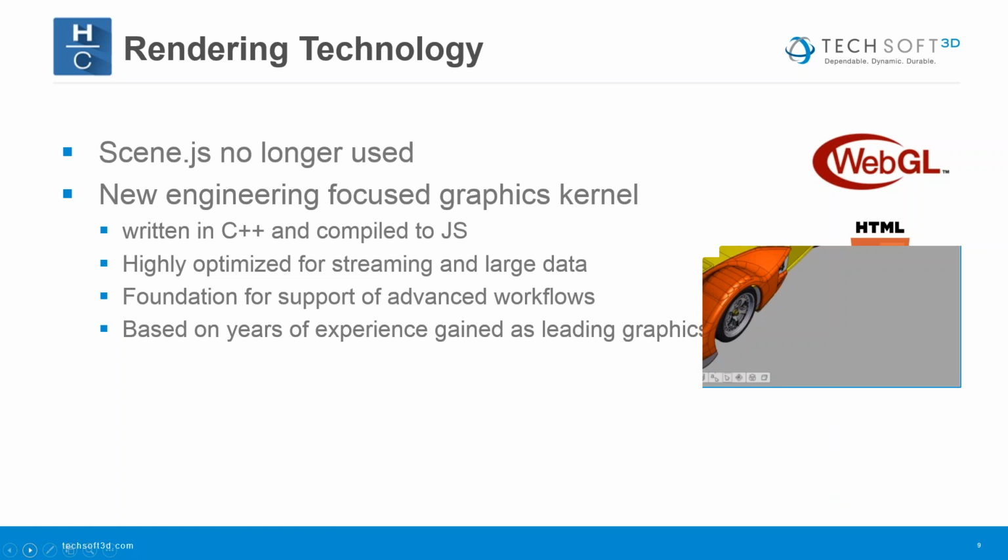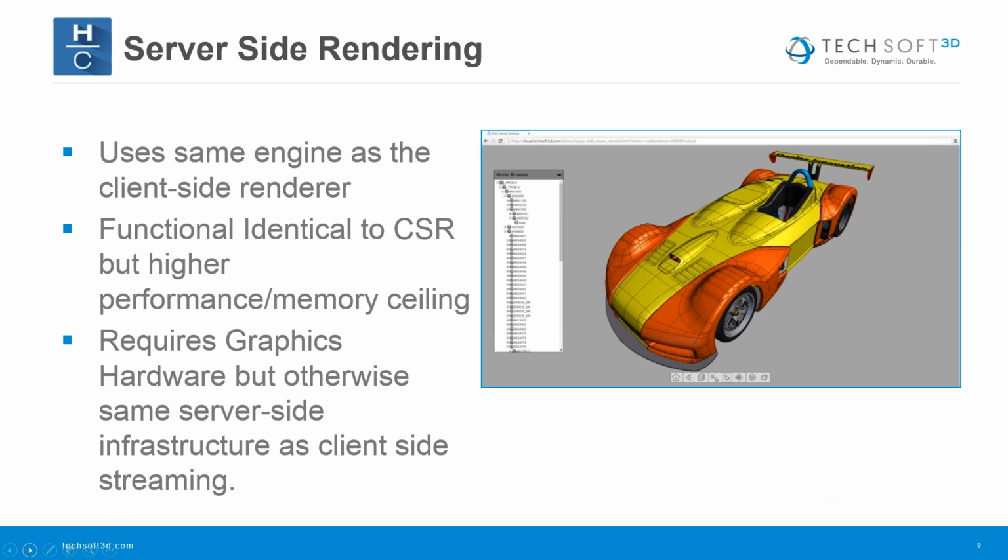Server-side rendering, very quickly: same engine for client and server. On the server, you can do a lot more. It depends on what hardware you're using, but you have a much higher memory ceiling, and you can have much better performance by using the latest technology, for example GRID or any of the NVIDIA graphics hardware that's available on Amazon now.